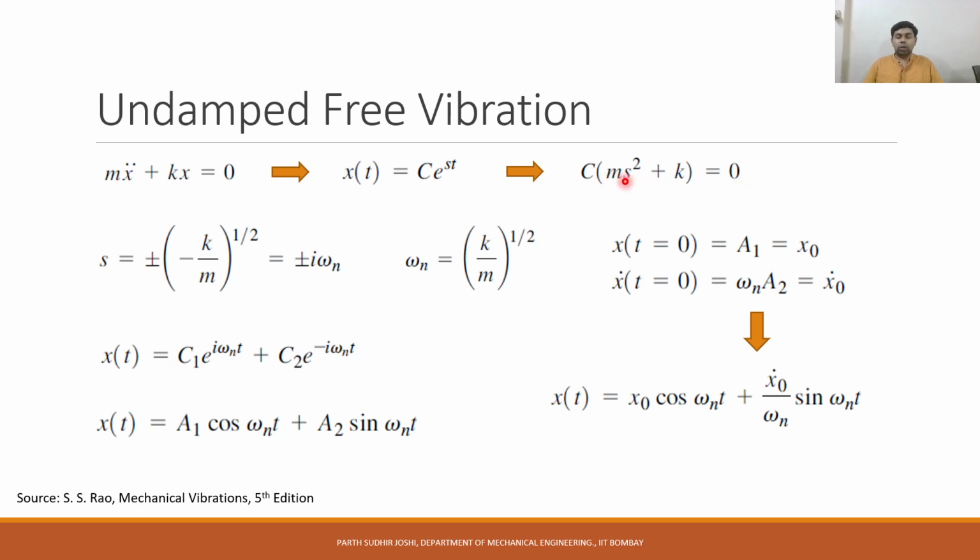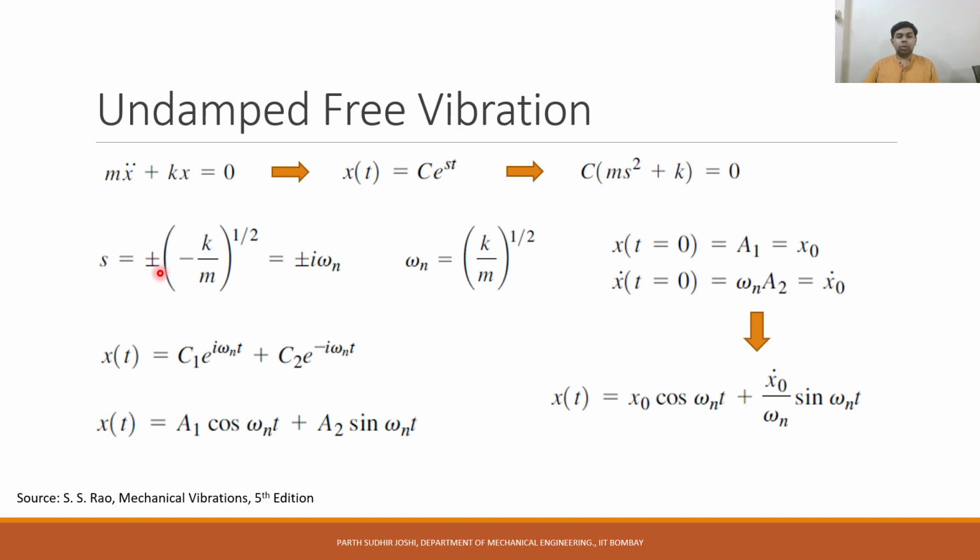So this will have a solution where C is equal to 0, which would mean that the displacement itself, x of t, is identically 0. So we don't want a situation like that. So we choose m s square plus k equal to 0. So we get two roots.